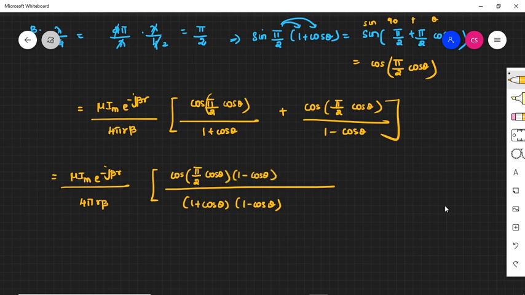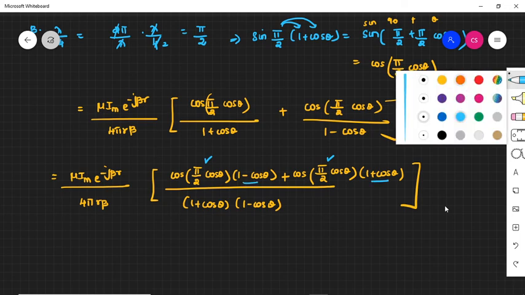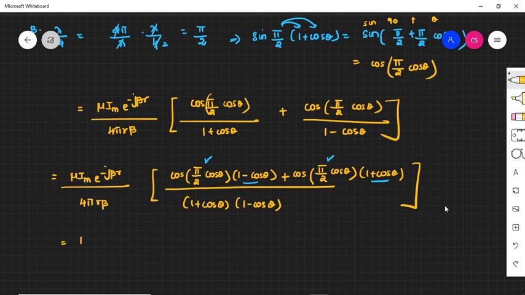We are taking the LCM of this, plus cos of pi by 2 cos theta into 1 plus cos theta. Now, if you observe the numerator, these two terms are common. So, we can take this term and this term commonly outside, and we will group up the remaining terms in the bracket.